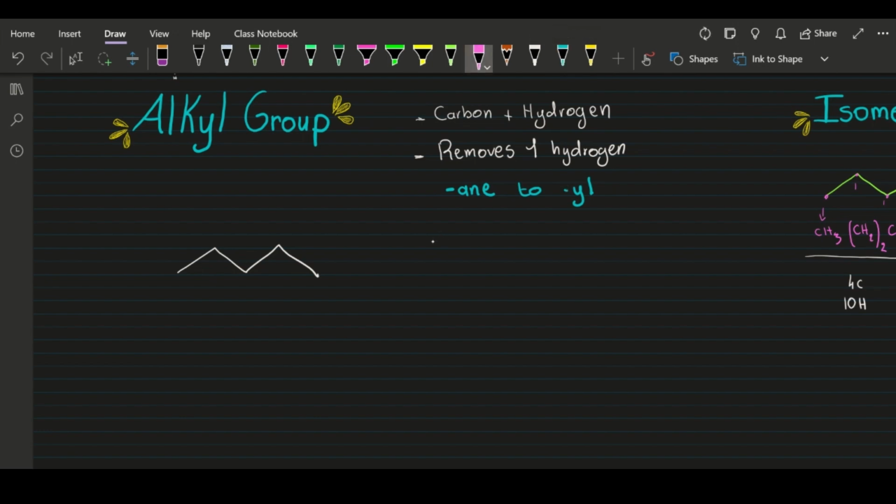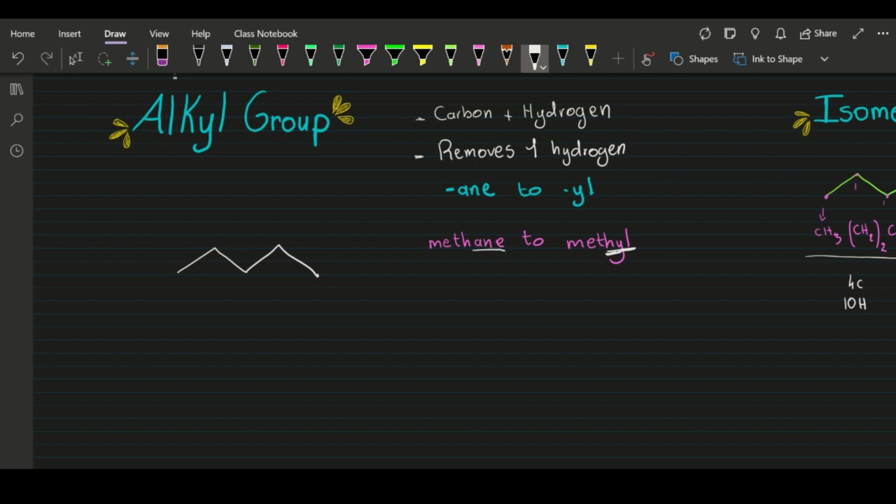Let me give you an example. For example, like we said, methane, right? This is an -ane, methane. It turns into methyl when it is an alkyl group. That is when you add it, it turns into methyl.